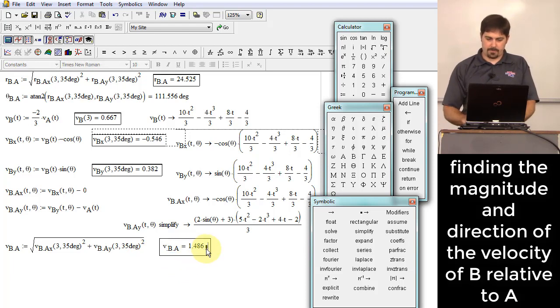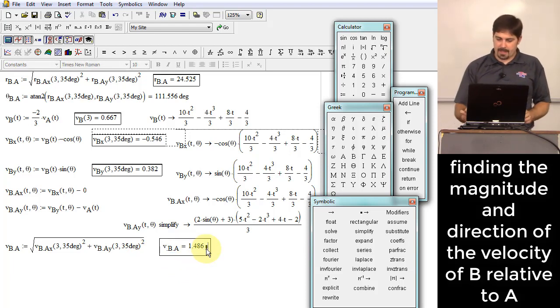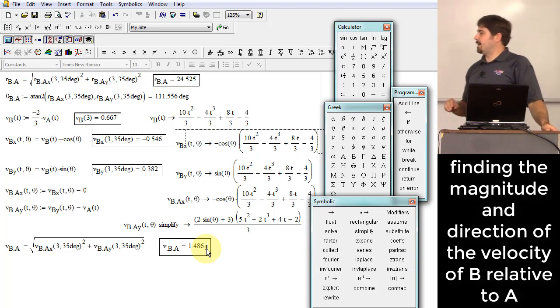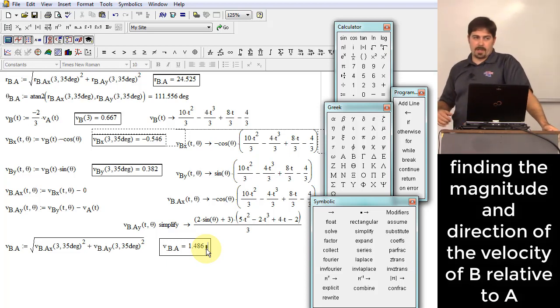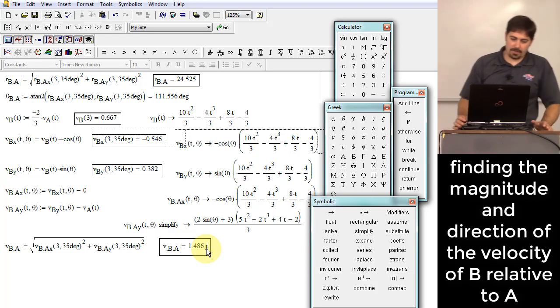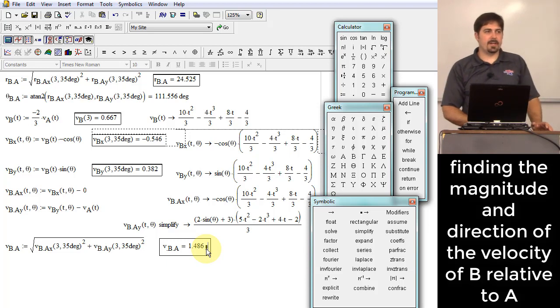All right, so the velocity of B relative to A is just 1.486, and that would be in units of inches per second. Remember, we stripped all of our units off to make the calculus stuff and some of our symbolic manipulations work better, but that's what the units would be. Are you curious what the angle might end up being?